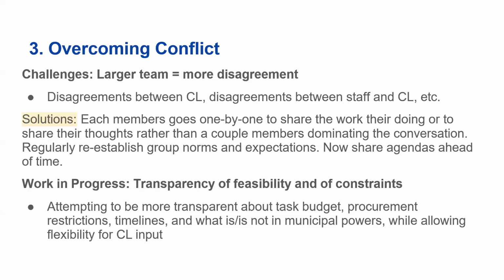So as our community liaison program has grown, so have the challenges that come with working within a larger team, especially when it comes to disagreement. With many more voices at the table, there are naturally more perspectives, which can sometimes lead to conflict, whether that be between the liaisons themselves or between liaisons and city staff even.